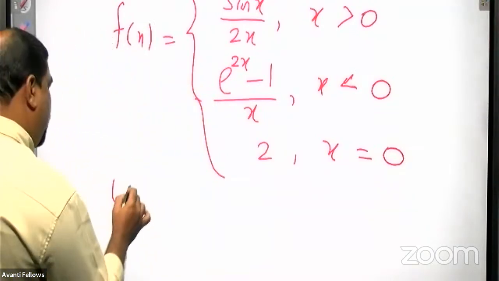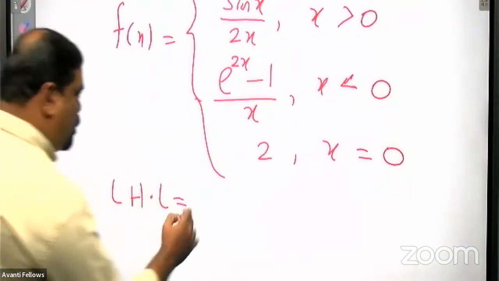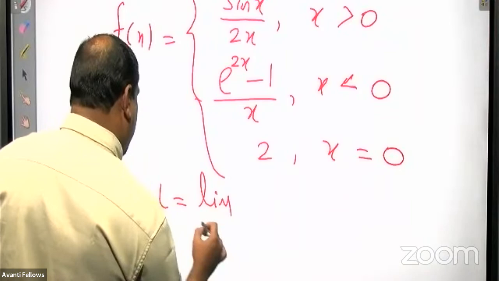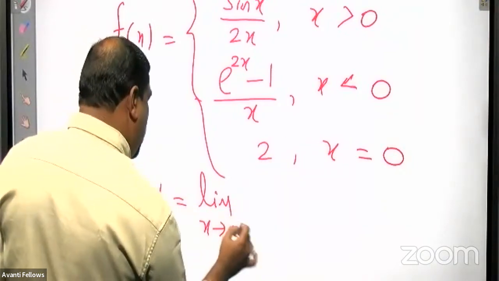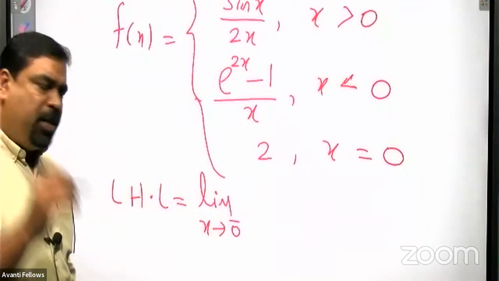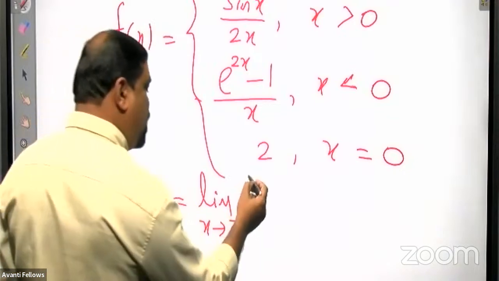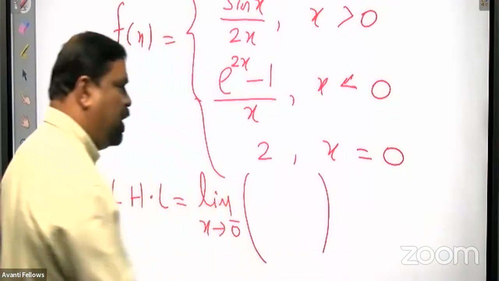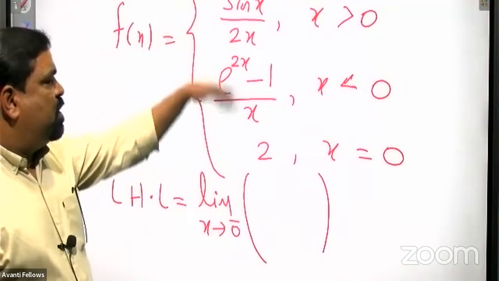So what we have to do is the same thing. Find the LHL. LHL means limit as x tends to 0 minus of f of x. So 0 minus means which function we have to take; that is the only thing we have to remember. There are different branches for this function.